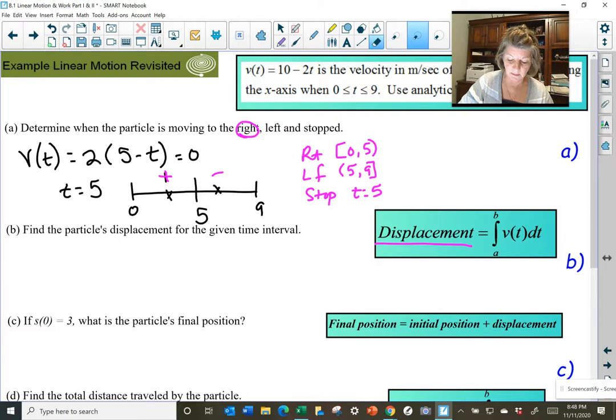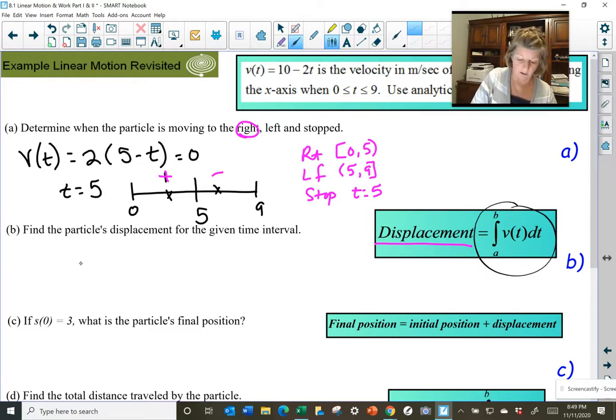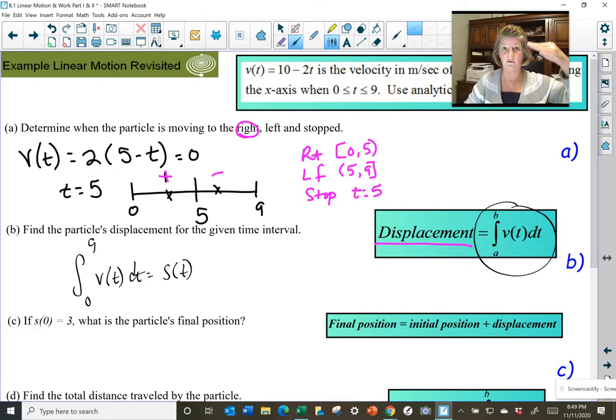Find the particle's displacement for the given time interval. So I can really just do an integral on that time frame, 0 to 9, of my velocity function, right? Because the integral of the velocity function turns out to be the position function. Moving upward in our thought process: we start with position, take a derivative, we get velocity, take a derivative, we get acceleration.